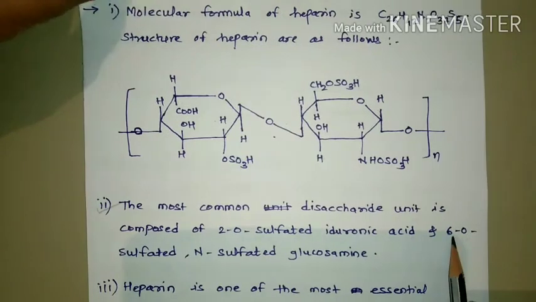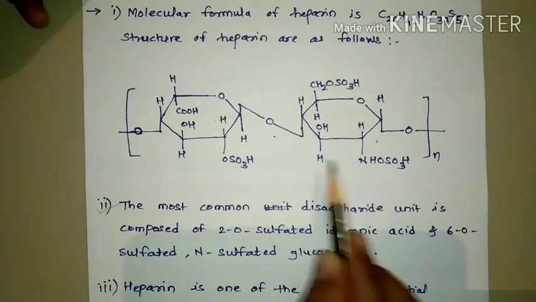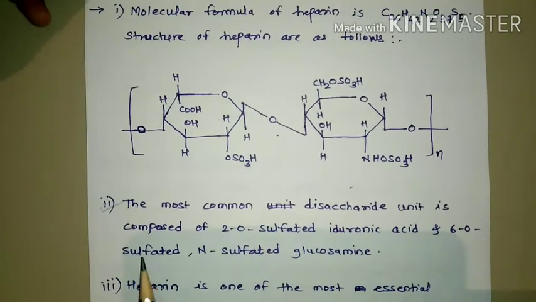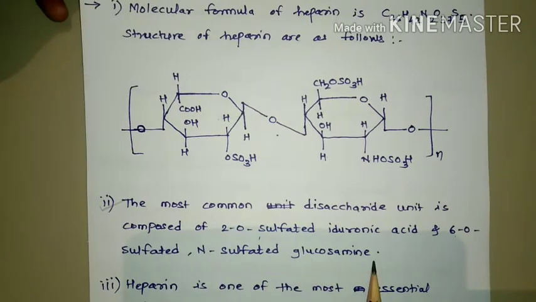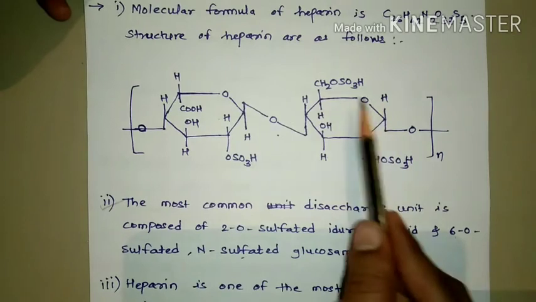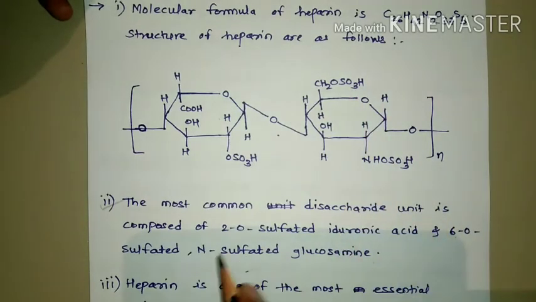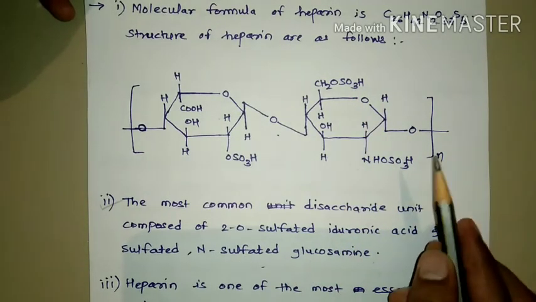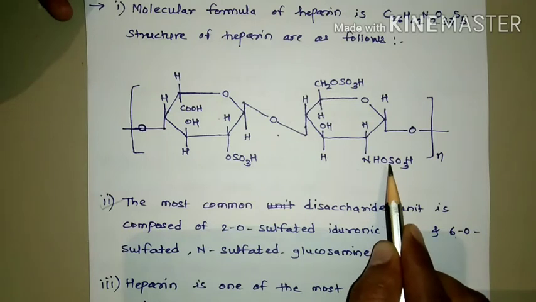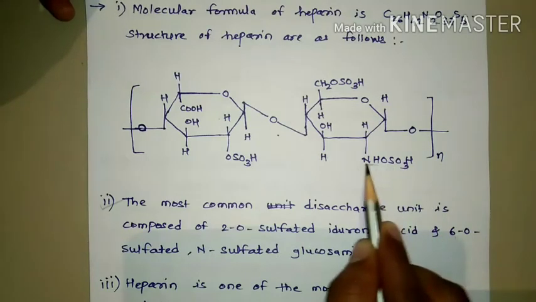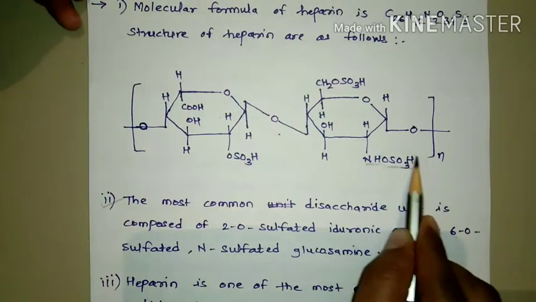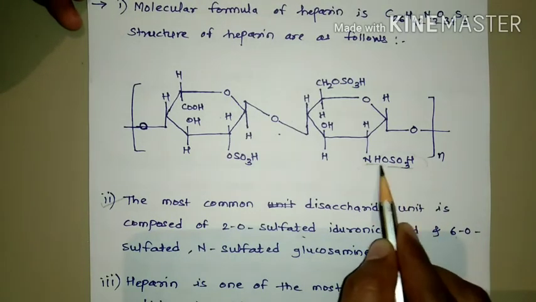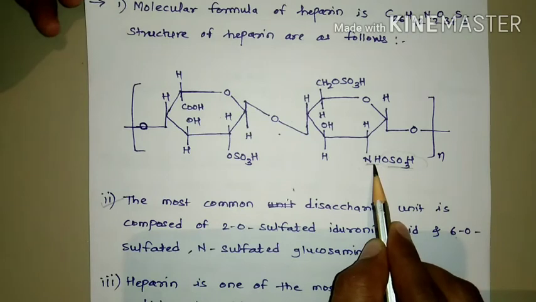Then the second unit is called 6-O-sulfated N-sulfated glucosamine. It is again sulfated and N-sulfated glucosamine. Where is the N-sulfated glucosamine? Here. The sulfate group is joined to the nitrogen.